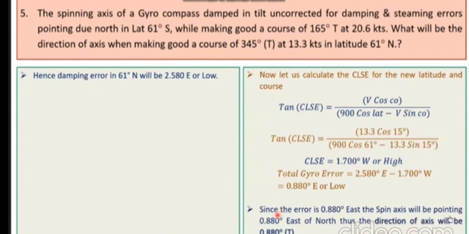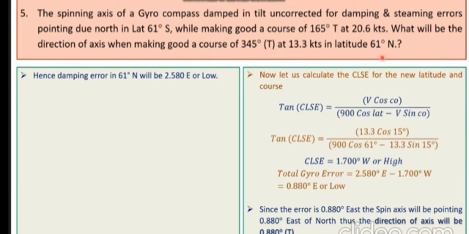Now, since the error is 0.880 degrees east, the spin axis will be pointing 0.880 degrees east of north. Thus, the direction of the axis will be 0.880 degrees true.